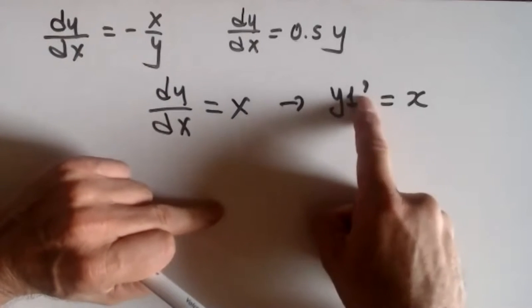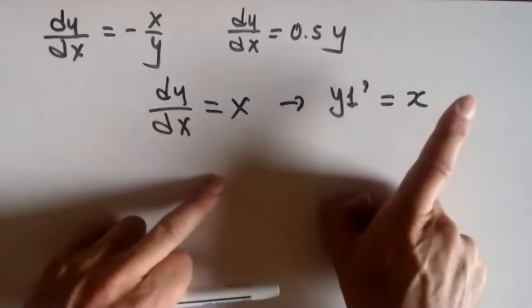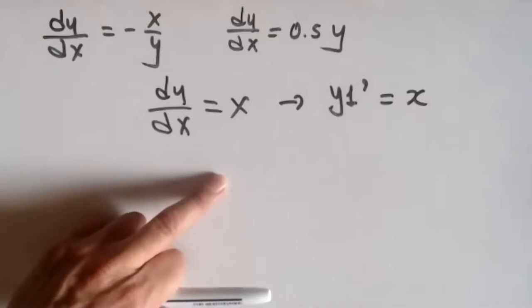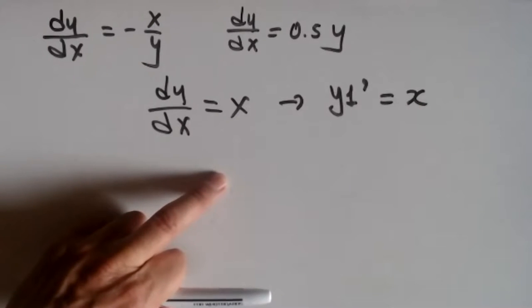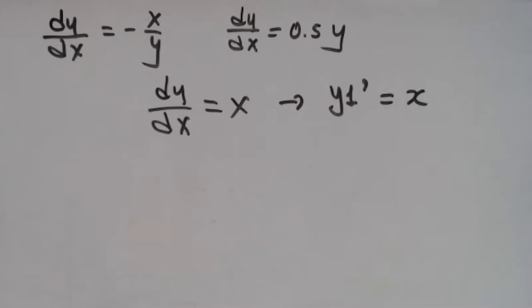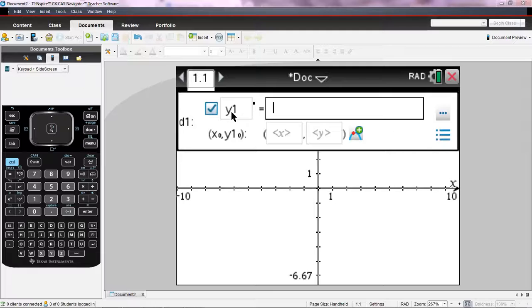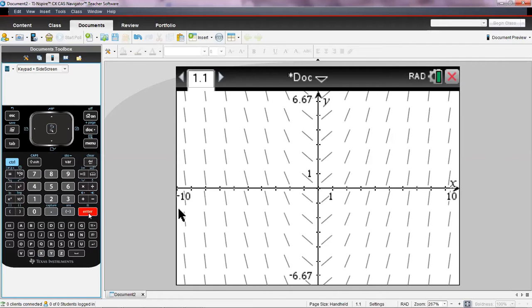So y prime equals, and on this side you write the derivative from the differential equation: y1 prime equals x. You put the x, click, then press enter.